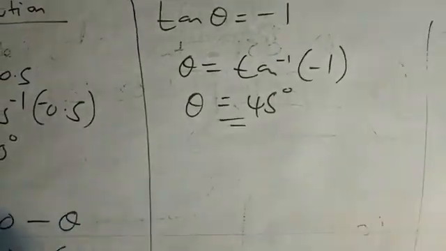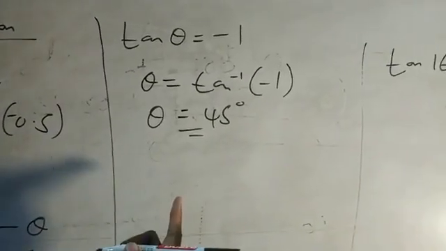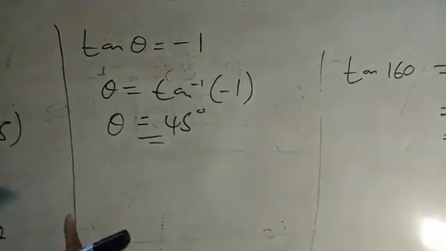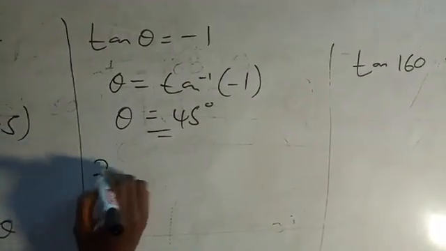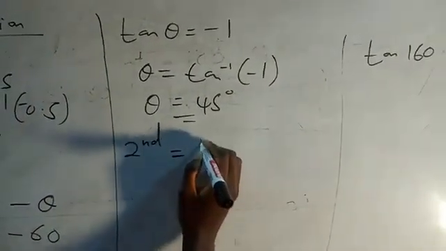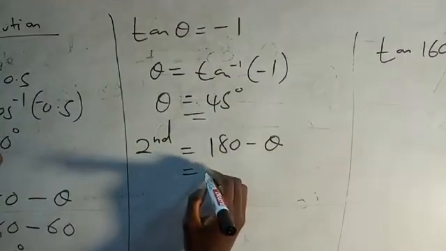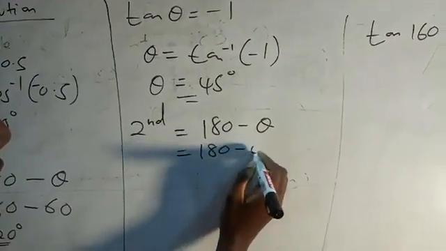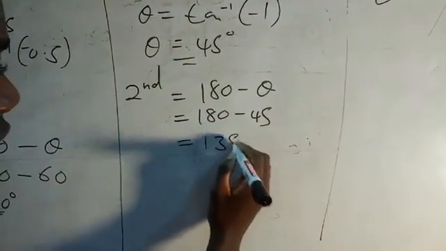In the second quadrant, it equals 180 minus theta, which is 180 minus 45, coming to 135 degrees.